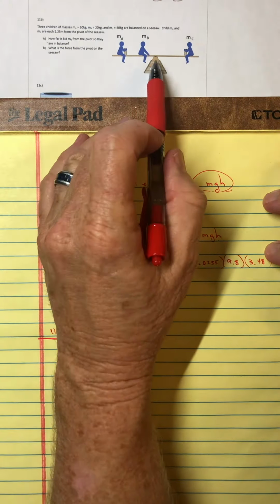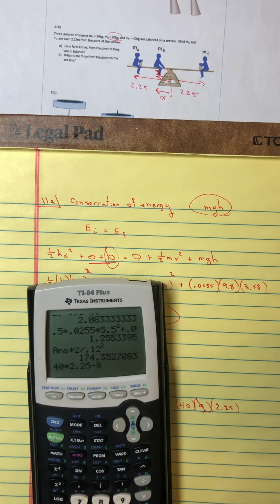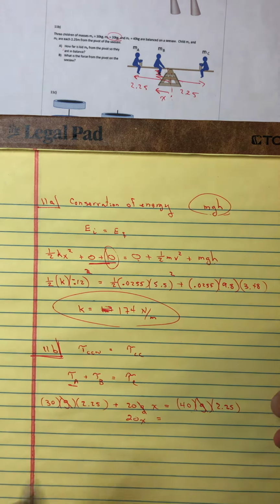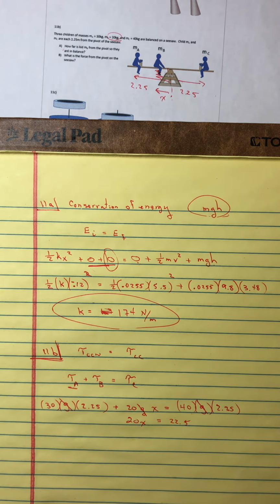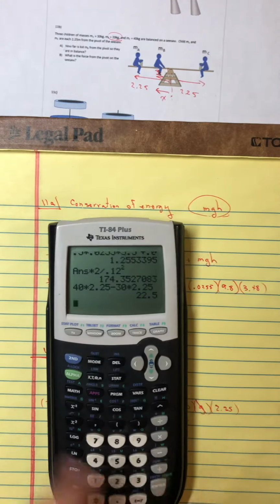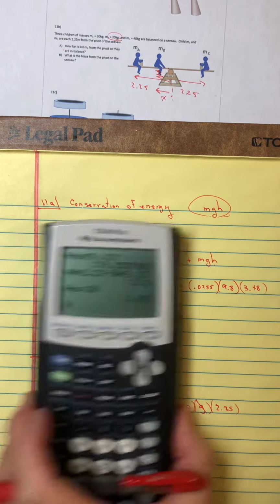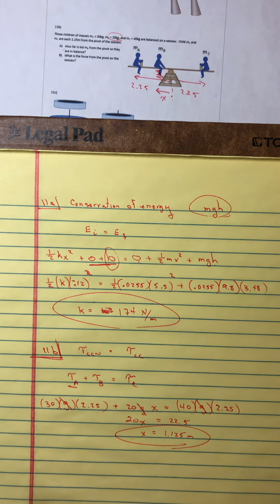But you can see when I bring this over, I'm going to have this 40 times 2.25, and I'm going to be subtracting a 30 times 2.25. And so this is 22.5 there. So then when I divide both sides by 20, I get 1.125 meters for the position of that lighter child.